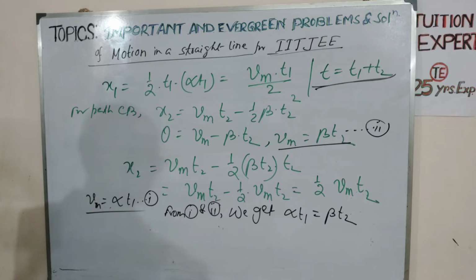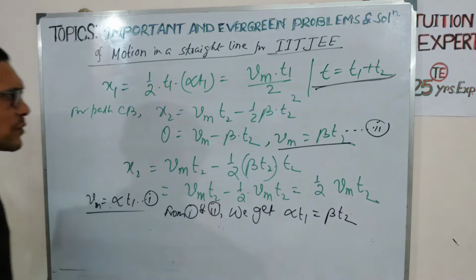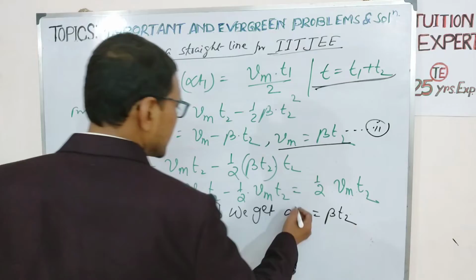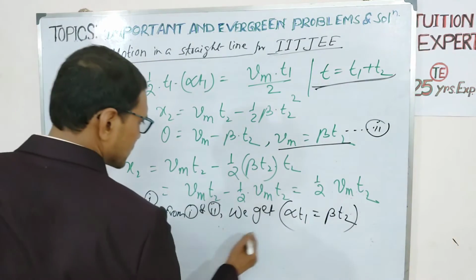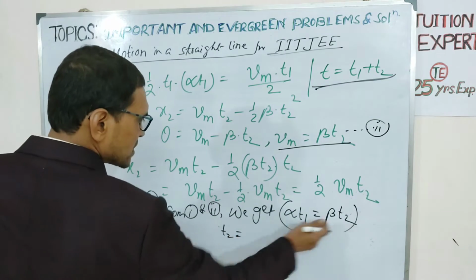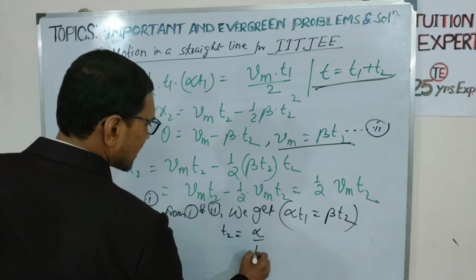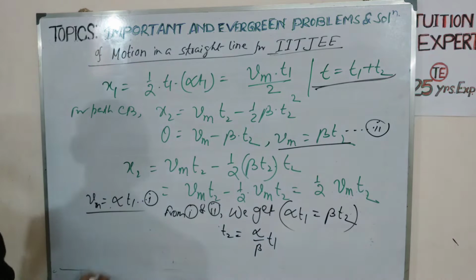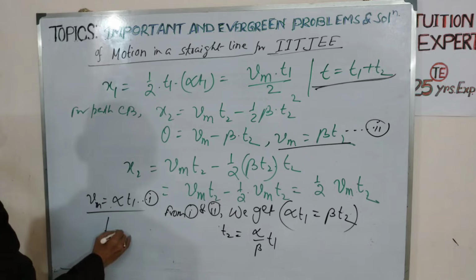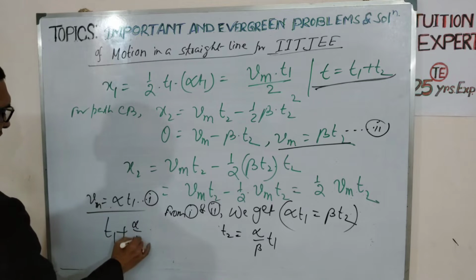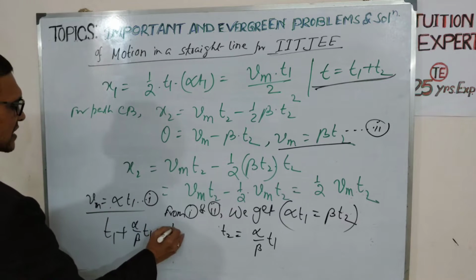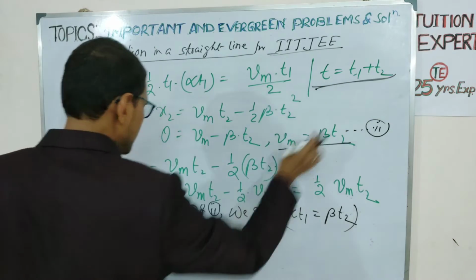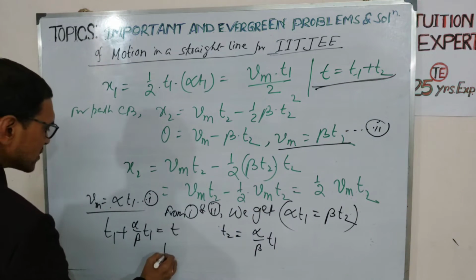So we have to write Vm, the maximum velocity, in terms of t, alpha and beta. How can this be calculated? From this we get t2 equal to alpha t1 by beta. Now t1 plus t2 equal to t, so from this we get t1.